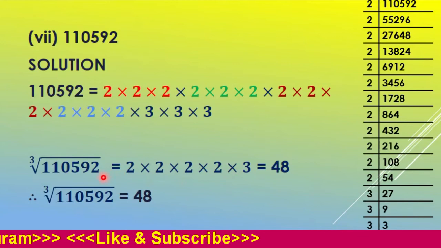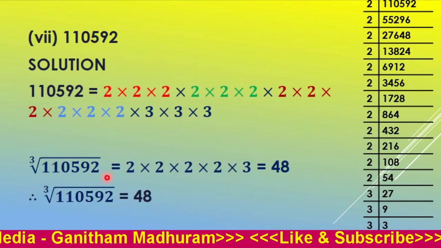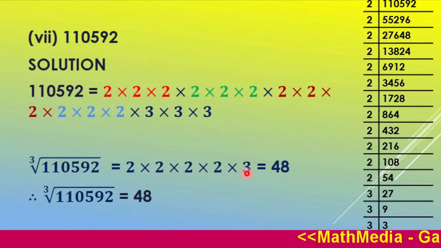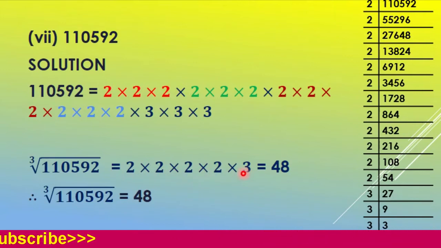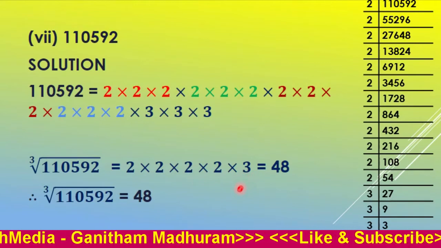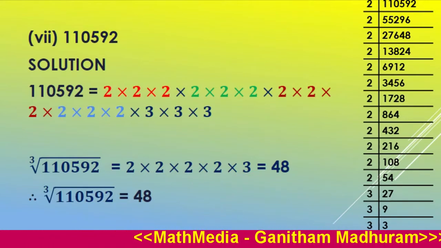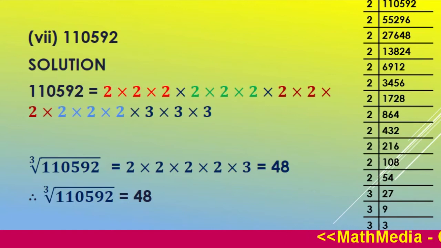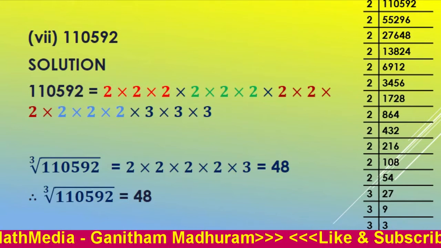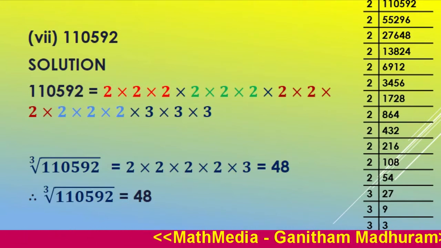Now the cube root of 1,10,592 is the product of these numbers. That is, the product will be 16 multiplied by 3, that gives 48. Hence, the cube root of 1,10,592 will be 48.